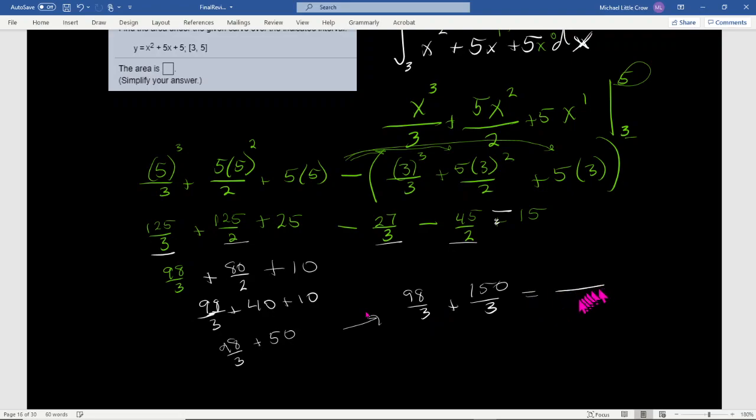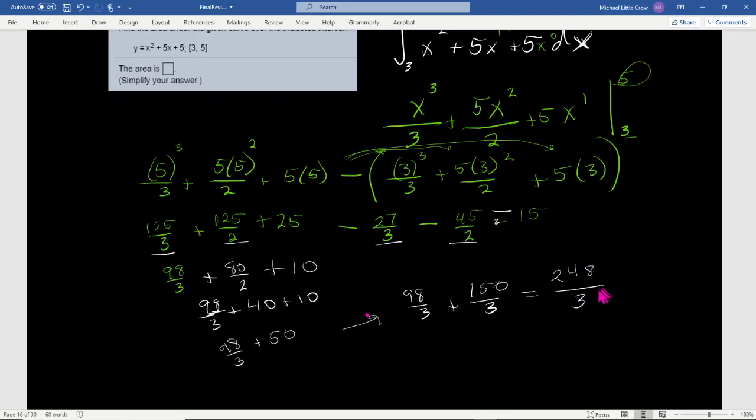Common denominator is 3, so that's good. 150 plus 98 is going to be 248.